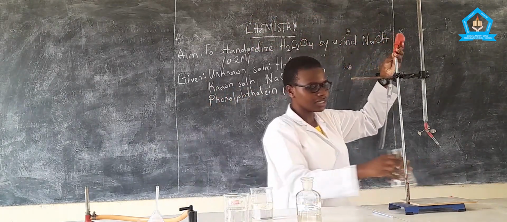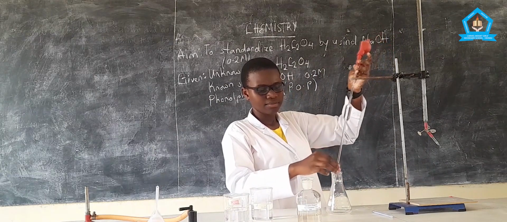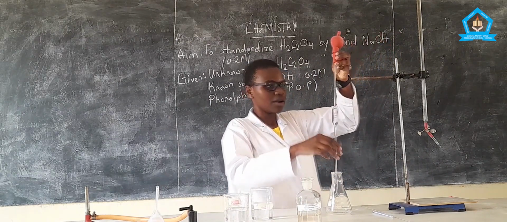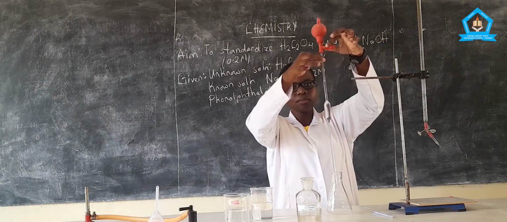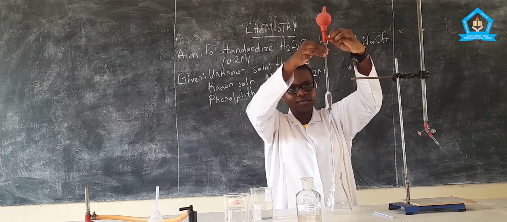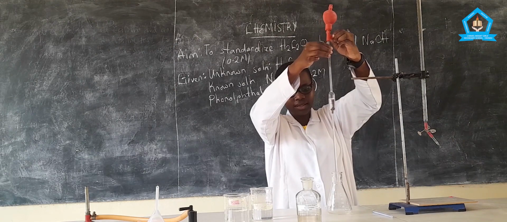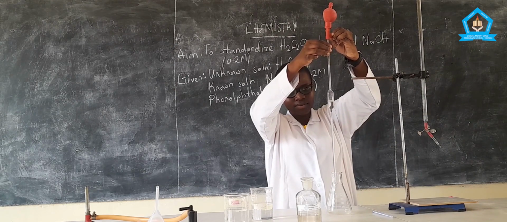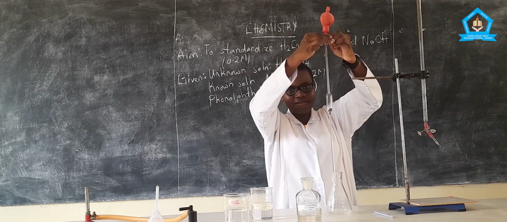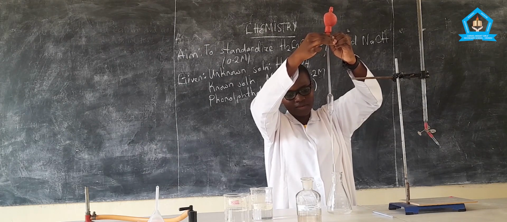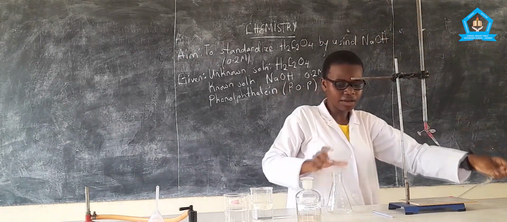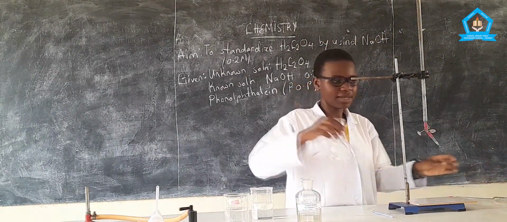After that, we are going to insert it in our conical flask. We are going to pinch the lower part here, and our base is going to our conical flask, as you can observe.